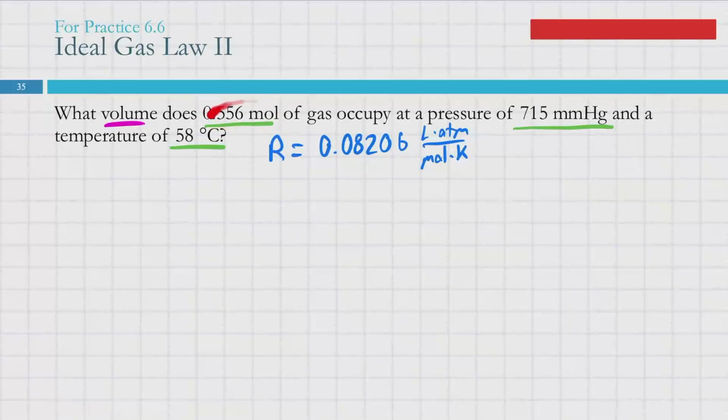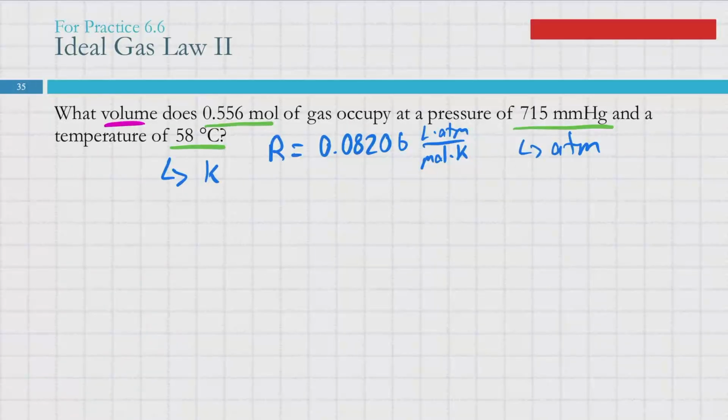Our N has units of moles, which is great. It's usually just going to be moles, or we'll convert to moles. Our pressure is in millimeters mercury, so we'll need to convert this to atmospheres. And our temperature is in degrees Celsius, and so we'll have to turn that into Kelvin. So we've got a couple of conversions to do before we can get started with our problem.